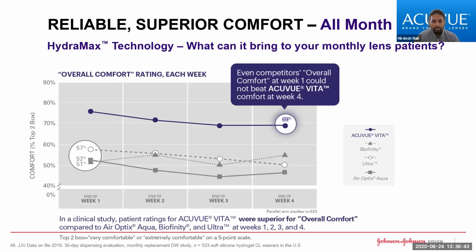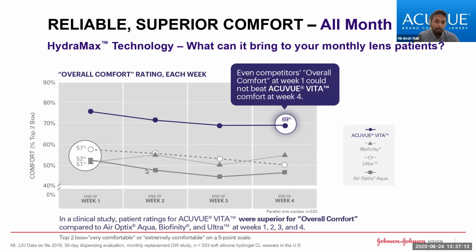And this is a study where the patients were blinded to what they were wearing, and there was a crossover as well. What essentially happened is you can see from week 1, week 2, week 3, week 4, the 4 different starting points of the different lenses. You can see that what Beta ended up at as a comfort level at 69% far exceeds what the other fresh lenses that you'd find at week 1 at the highest of 57%.